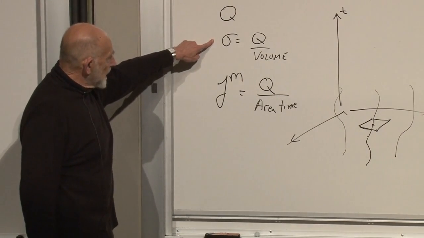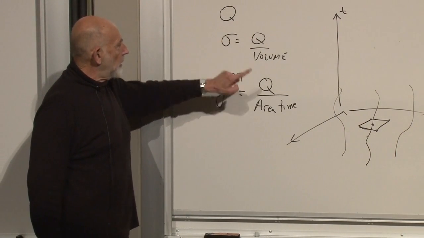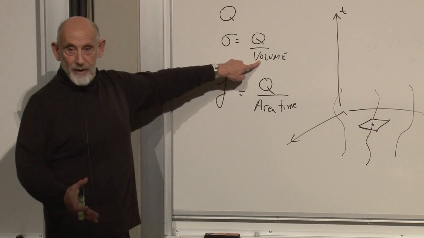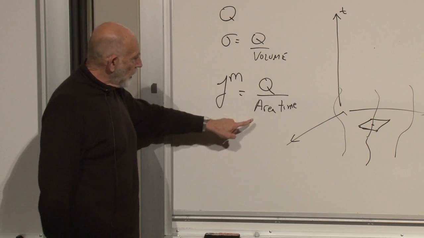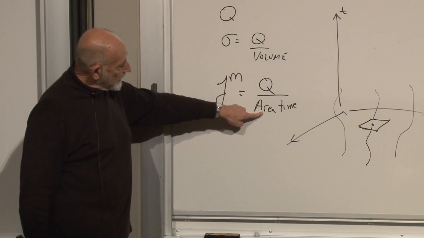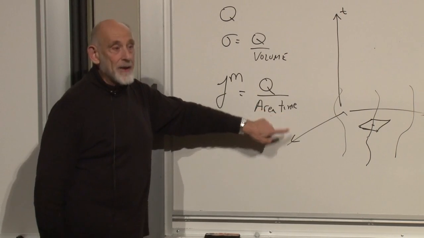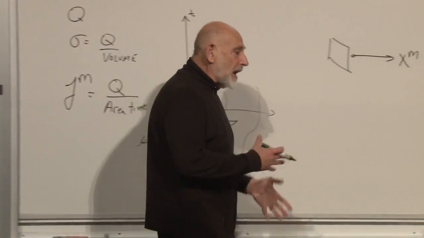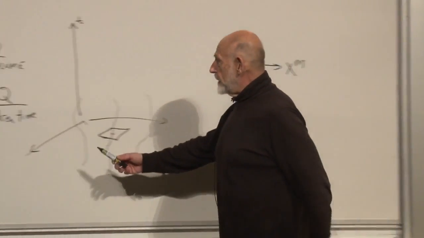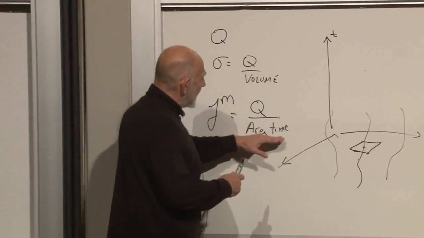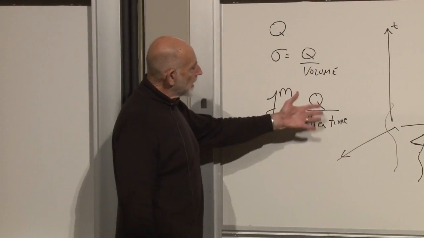Now, in this case here, sigma was a charge divided by a product of 3 lengths, volume. Here it's a charge divided by a product of 2 lengths times a time. But in relativity, time and space are nice and symmetric to each other. So this dividing by area times time is again dividing by 3 lengths.